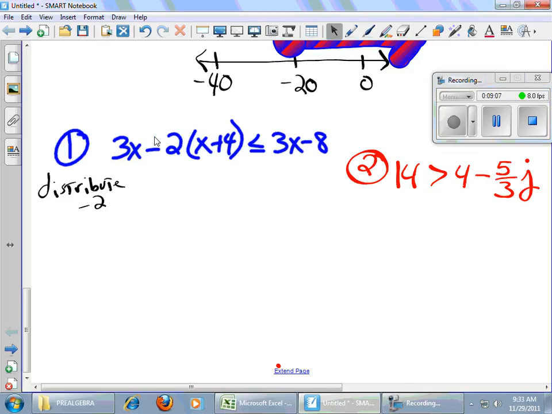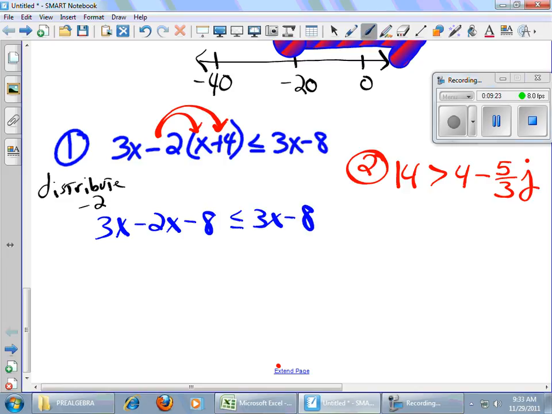Okay, I'm going to distribute the negative 2 to get 3x minus 2x minus 8 less than or equal to 3x minus 8. Combine my like terms to get x minus 8 less than or equal to 3x minus 8.